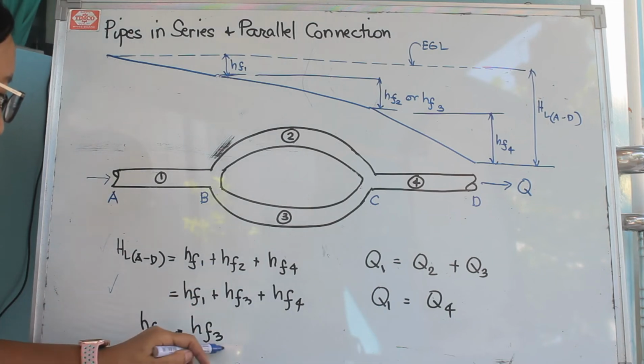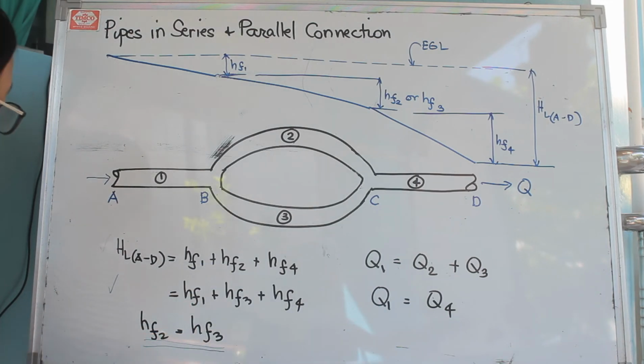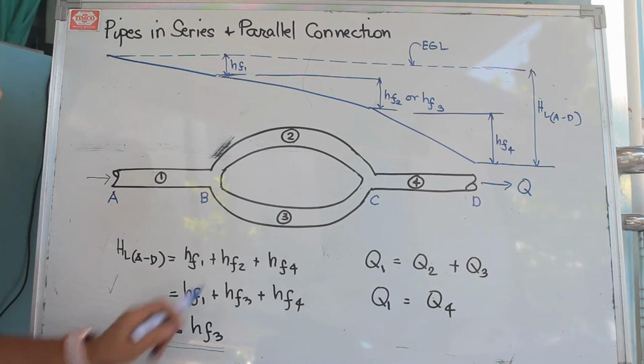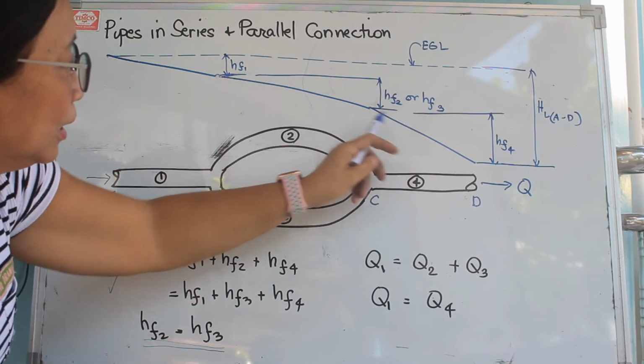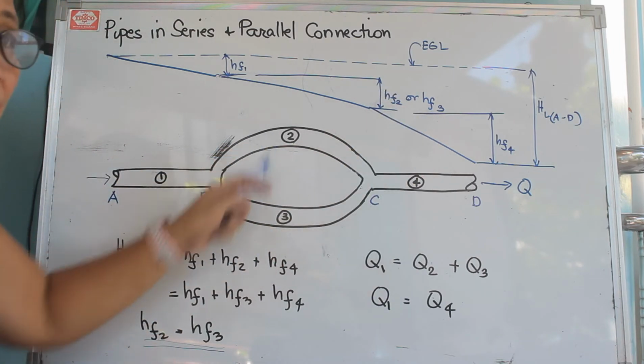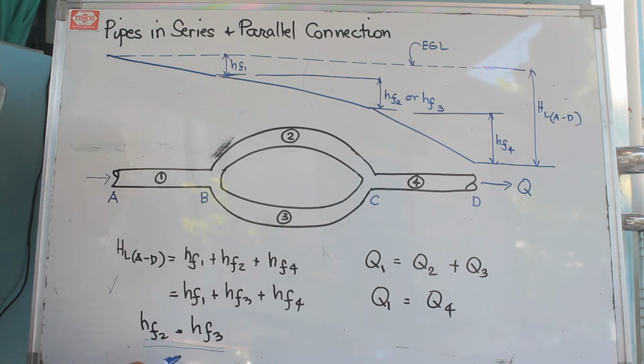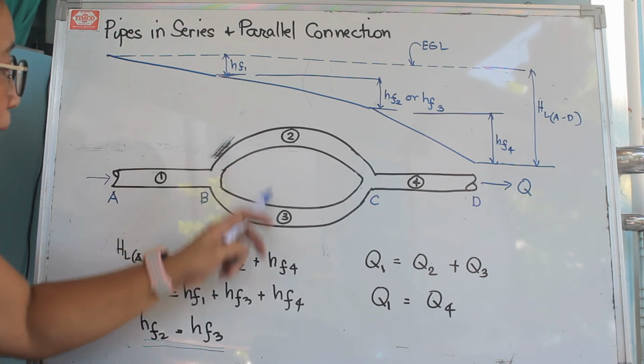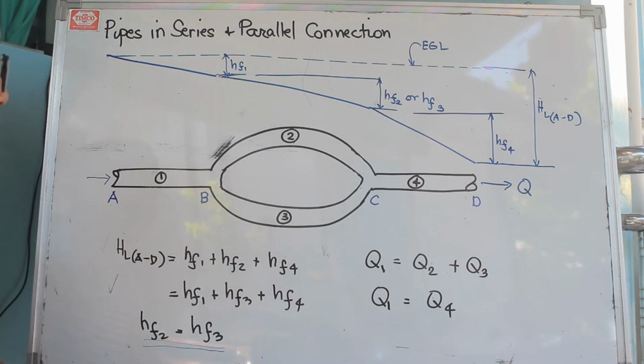Pwedeng. So, dapat ito ngayon, from our formula, HF2 is equal to HF3 kasi yun eh. Okay? Isa lang yung head loss dun sa nag-branch. Equal yung head loss sa dalawang parallel pipes 2 and 3.